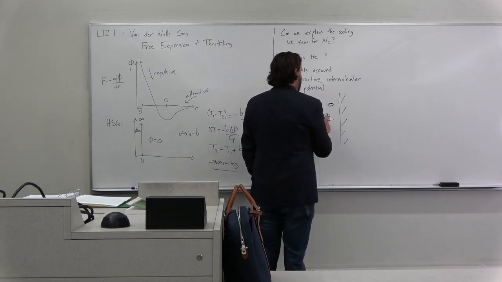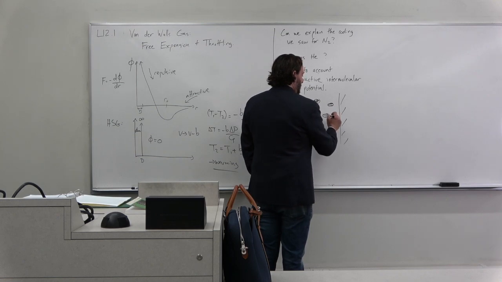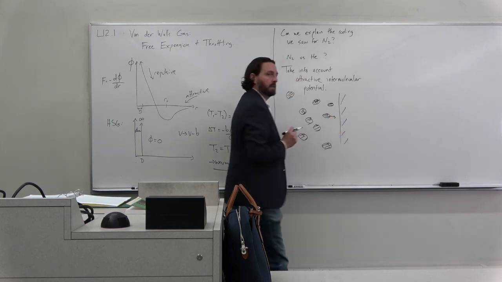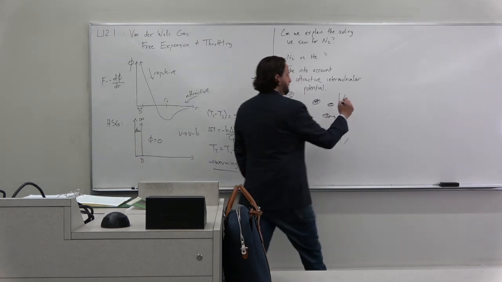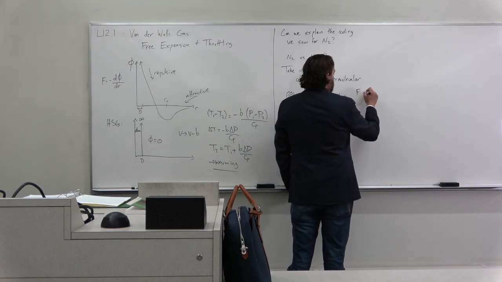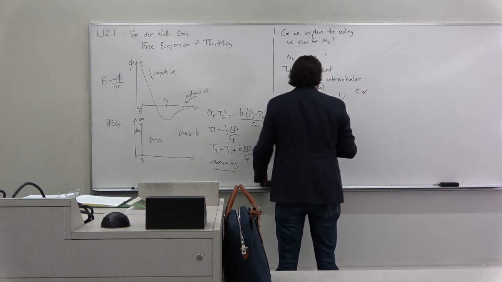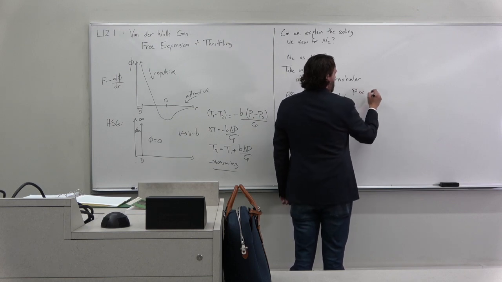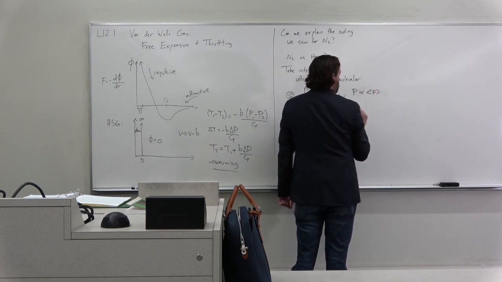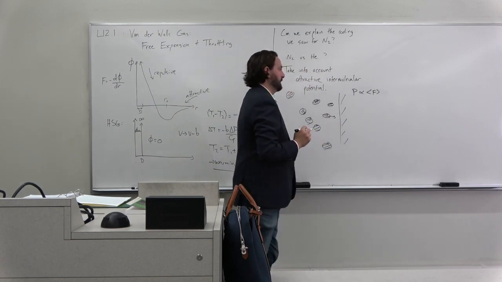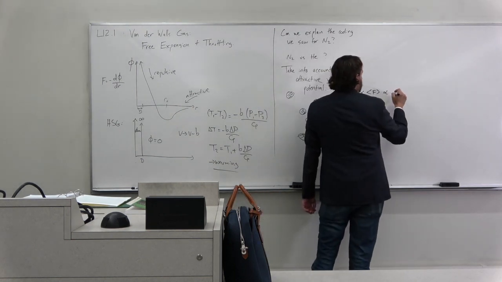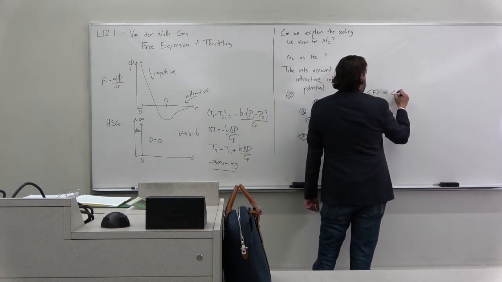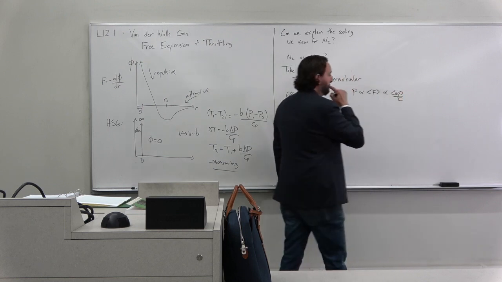So take one molecule, and we were imagining that the pressure on the walls was proportional to the average force, which was proportional to the change in momentum per unit time.